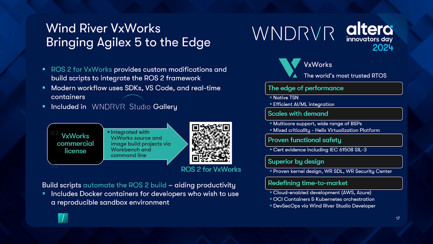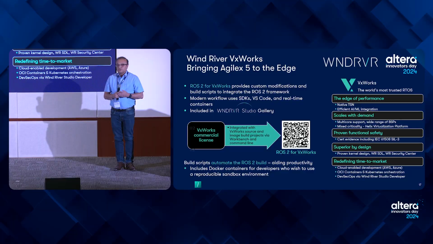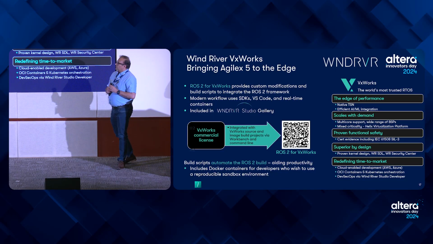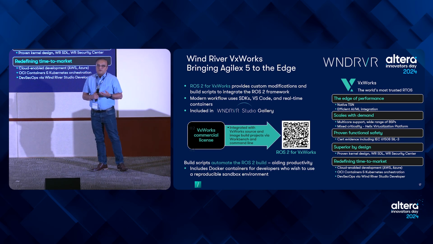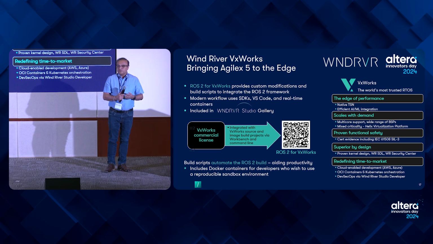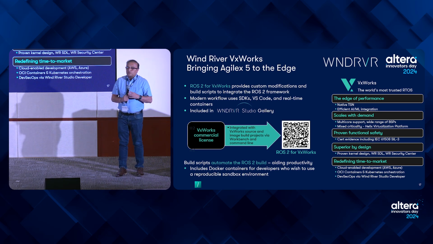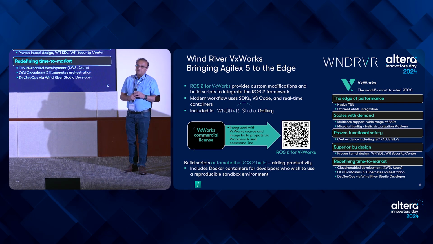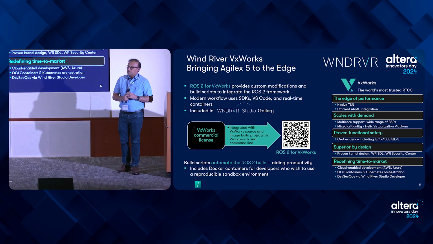But there's also Wind River Studio, which is our cloud offering, through which you can exercise VxWorks development in a CI/CD pipeline, and ROS2 is enabled in that form factor as well. What we've done is provide a ROS2 build environment, which will enable you to build applications through multiple different means. ROS2 is available on the Agilex 5, which is recently supported in Wind River.